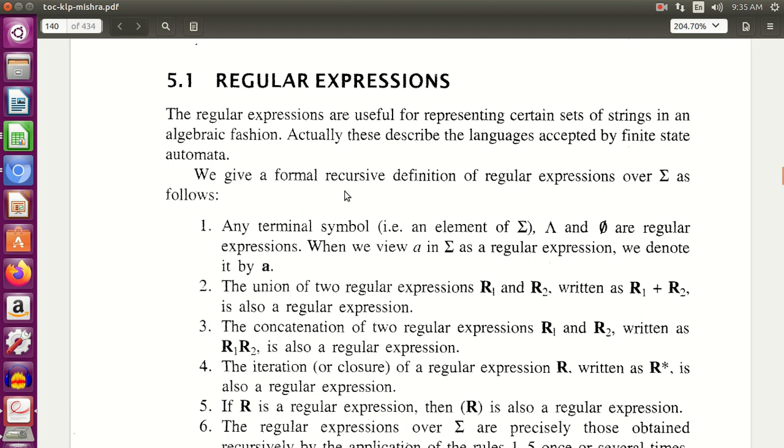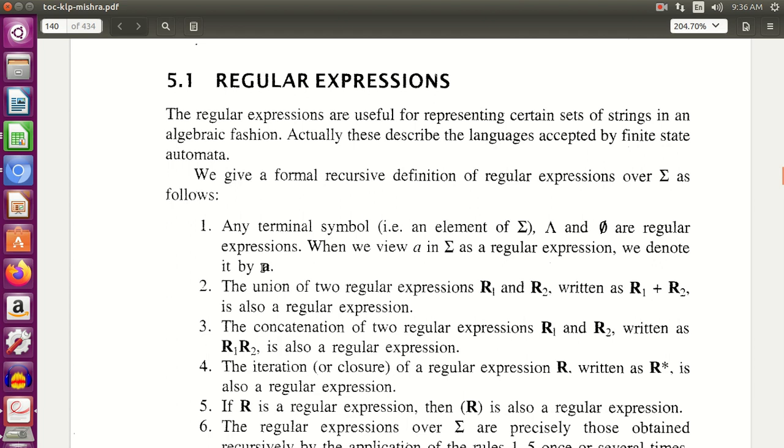Any terminal symbol, by now I'm very sure all of you know what a terminal symbol is. Any terminal symbol that is an element of this alphabet set, or a null or a lambda, are regular expressions. These are themselves regular expressions. When we view a or lambda as a regular expression, we denote it in bold.